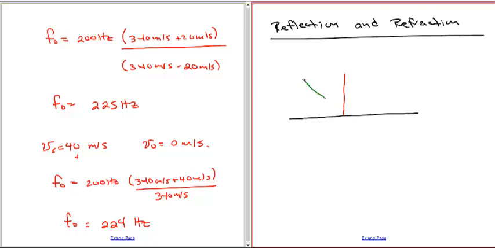So we have a ray of light coming in and it bounces off, and this angle, theta sub I, which is the incidence angle, equals theta sub R. So that's the law of reflection, which we use in all our mirror calculations.